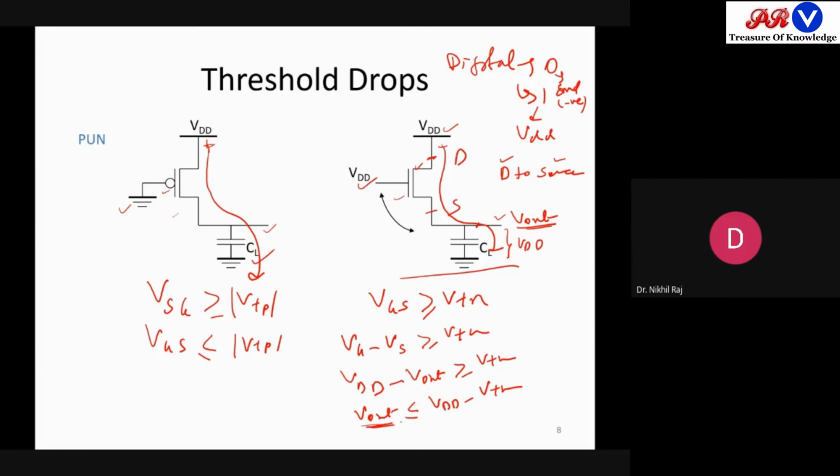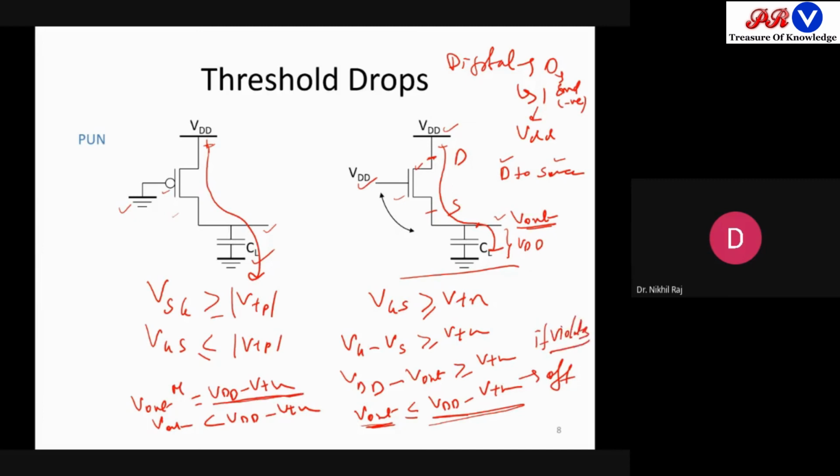So what is the range of Vout? What is the maximum value of Vout? Vout should be less than VDD minus VTH. So how much charging is done here? Till VDD minus VTH. If we violate this equation, the MOSFET will go into the off condition.